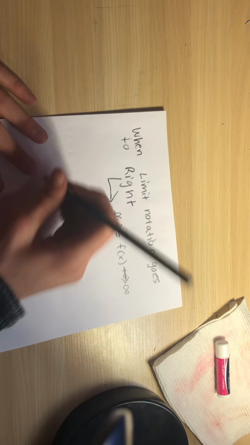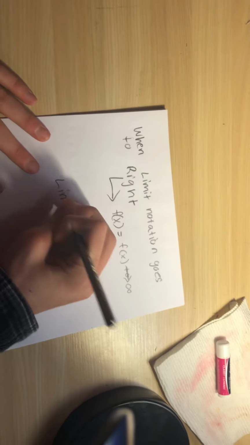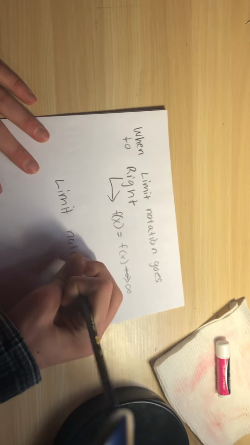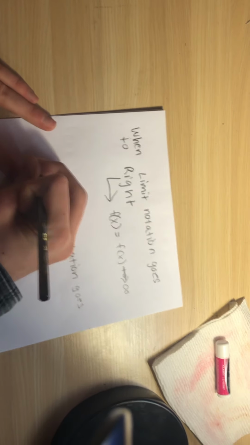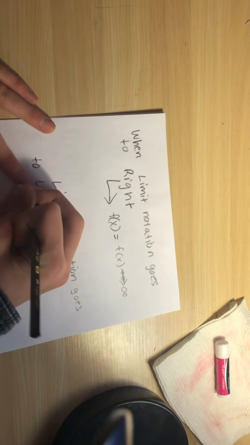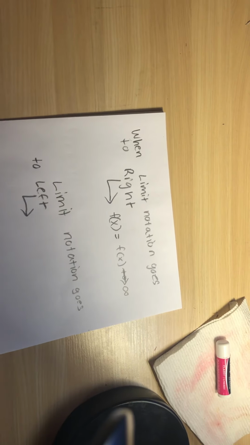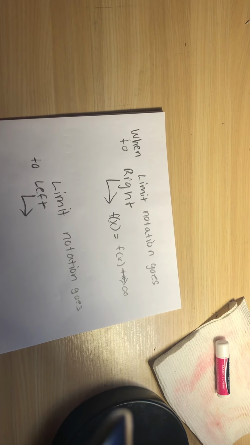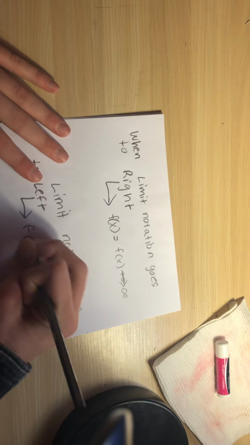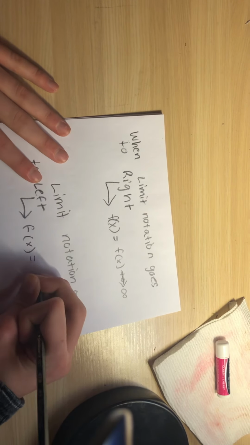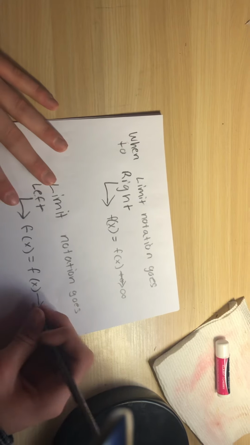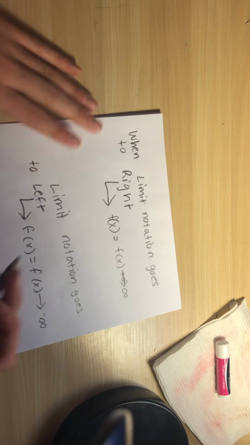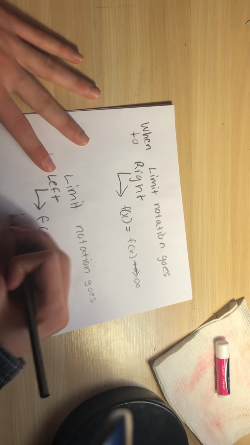Understand? So what about limit notation that goes to the left? I think you guys got this one. If it goes to the left, then that means f of x is approaching negative infinity, because it's going to the left. Look at a graph.